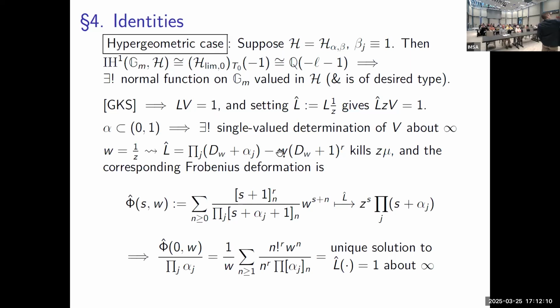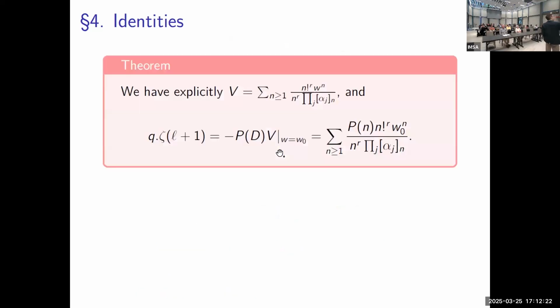And so I have an explicit formula like that. And since 1 over W times V, C V is also a solution to L hat equals 1, that means they have to be the same. So we have explicitly identified our multi-valued holomorphic function as a single-valued function about infinity, uniquely. And when we apply P of D to it and specialize to W equals W naught, we get the identity that we're after.